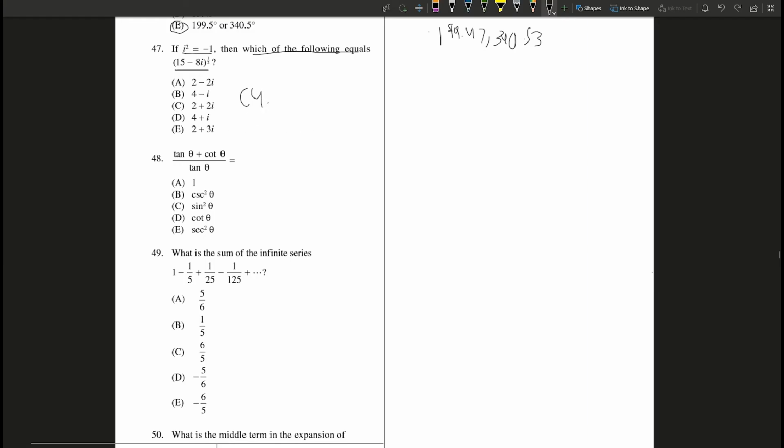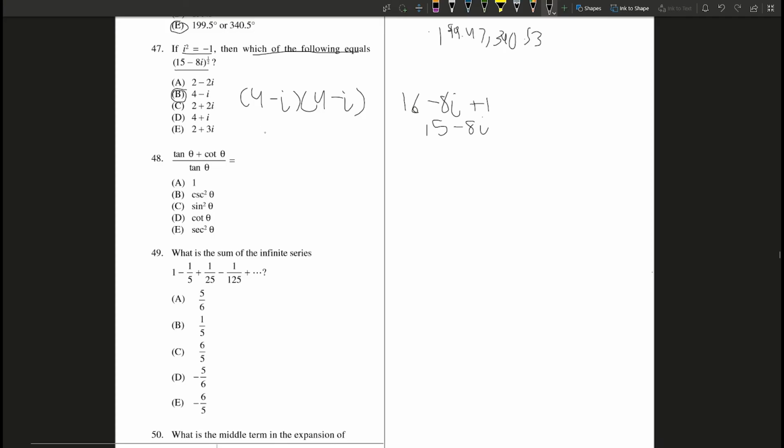So 4 minus i times 4 minus i. That's going to give us 16 minus 8i plus i squared, which is minus 1. And then that's going to be 15 minus 8i. So the answer is letter B.